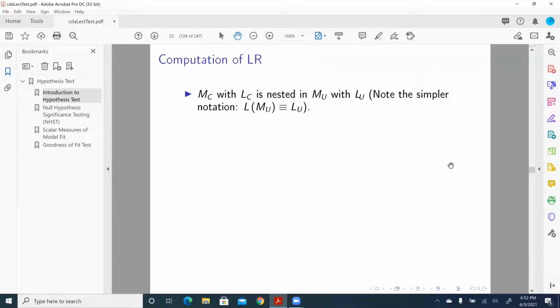Let's look at two models. The model with subscript C denotes a constrained model with likelihood LC, nested within MU, the unconstrained model with likelihood LU. The parameters in a constrained model can be created from the unconstrained set of parameters by imposing constraints, simply specifying that some of the parameters in the unconstrained model are equal to 0.